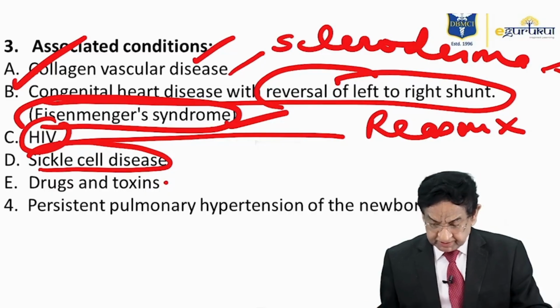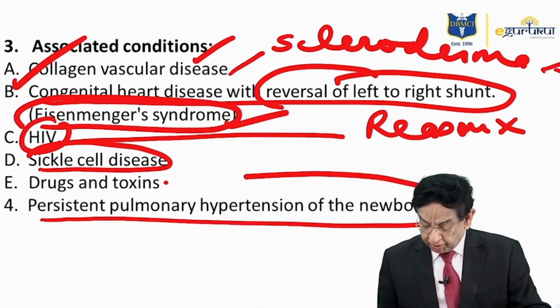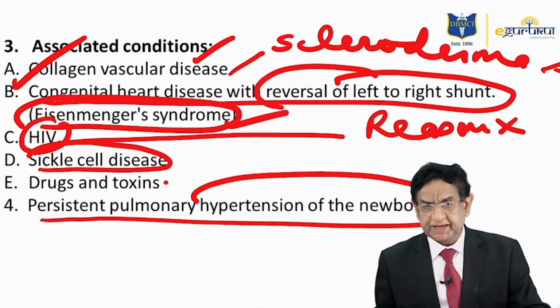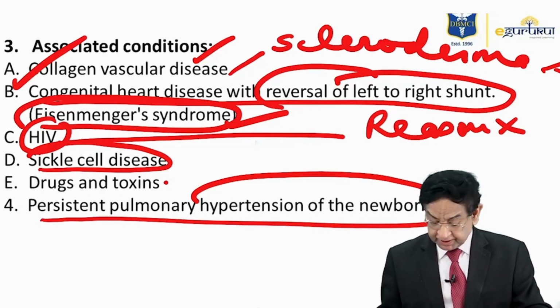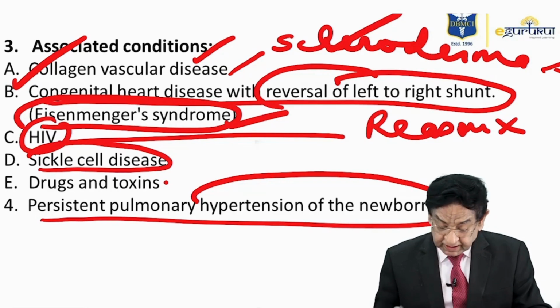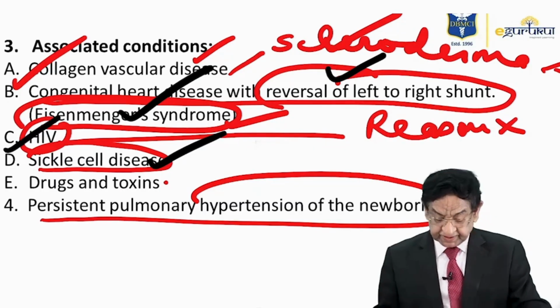Drugs, toxins, nothing special. Sometimes it can persist in the newborn. There are so many conditions in the newborn that can lead to PAH, but not important. So what is important? What is important is scleroderma, Eisenmenger, sickle cell and HIV.